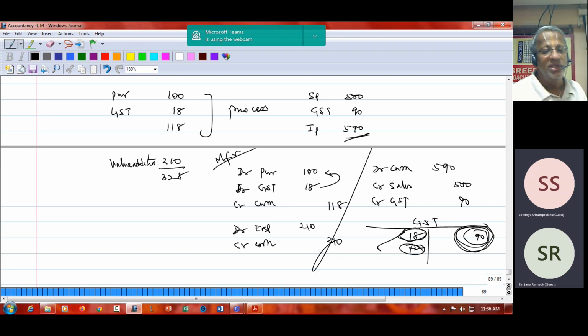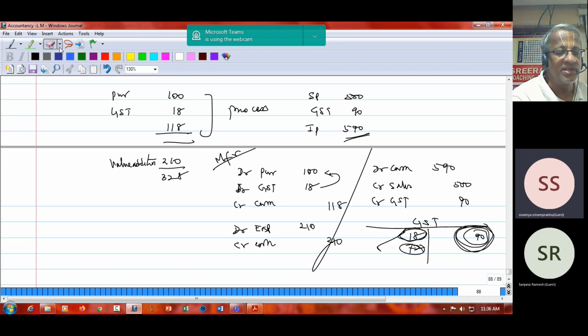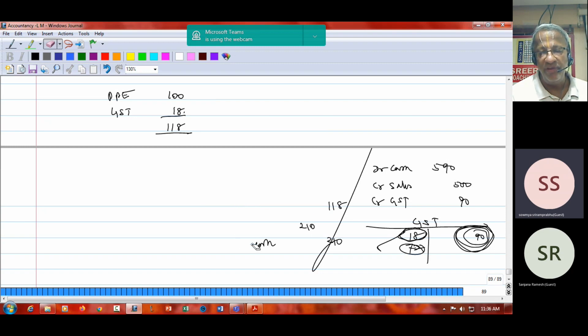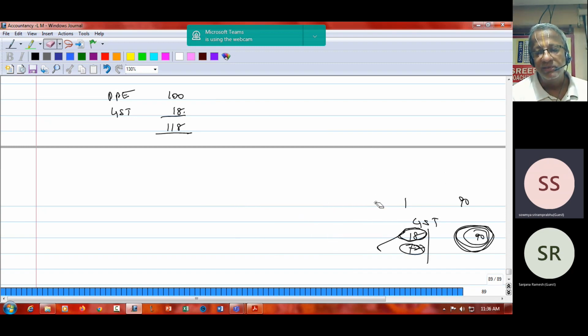Now, imagine that this is not purchases, but PPE, property, plant and equipment. Now I have GST on this, and I am paying 118 rupees. Correct? Forget about all this. I have briefly discussed GST. You can understand the mechanism.